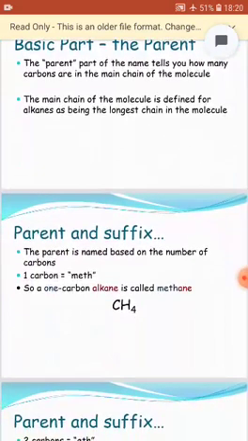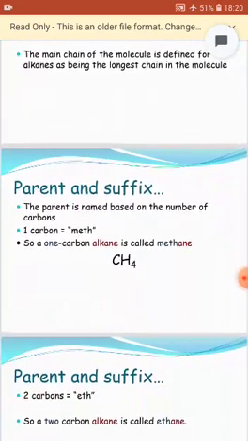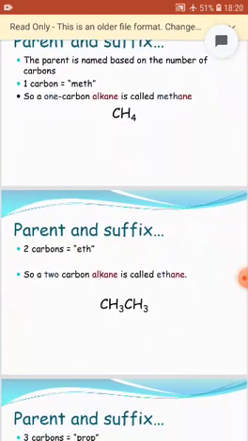Parent and suffix. The parent is named based on the number of carbons. One carbon is equal to meth. So a one carbon alkane is called methane. Parent and suffix: two carbon eth.